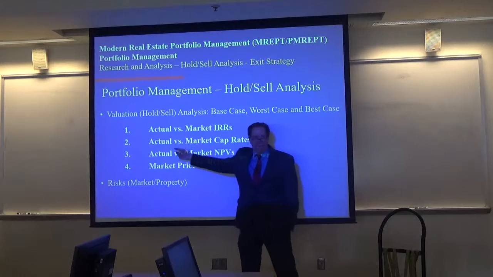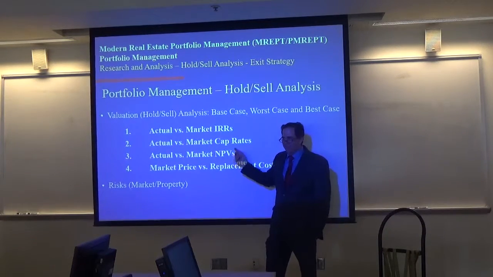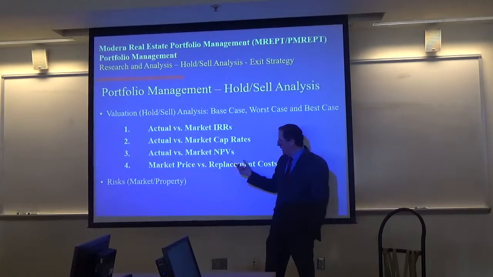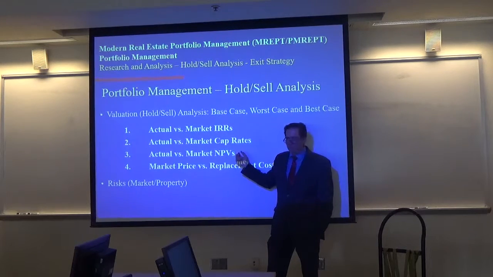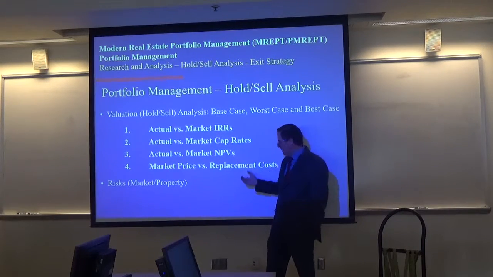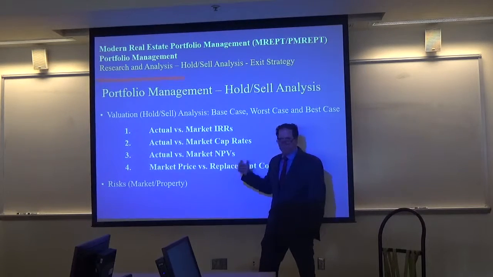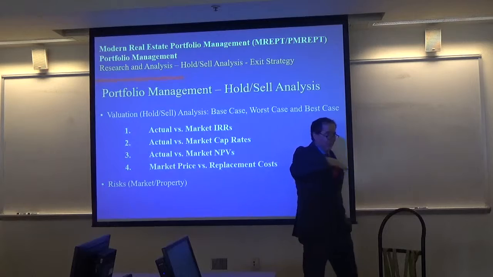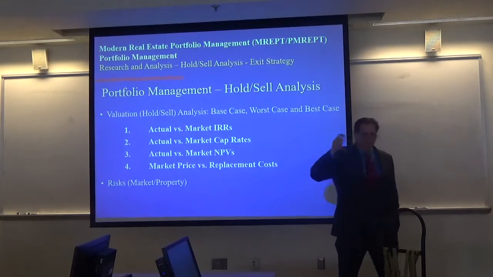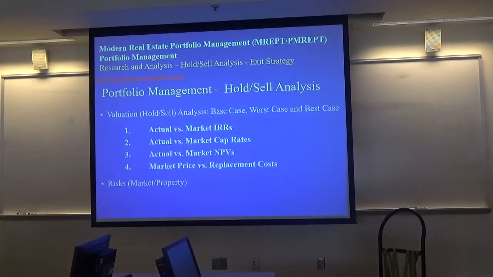Are we getting higher actual income returns than the market? If we're not, we should probably sell it. Are we getting higher net present values than the marketplace? If we're not, we should probably sell it. And is the market price of our properties well above the replacement costs? Because we want to have that premium. So that is a way of making decisions.